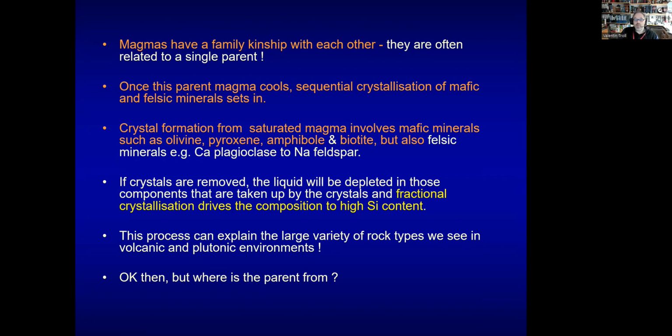So now the big question that results from this is where does the parental magma come from? And that is another lecture where we have to think about how we melt the mantle, how we produce magma by melting the mantle, and how that magma then rises up to actually differentiate, to fractionate, and make these new and varied compositions.